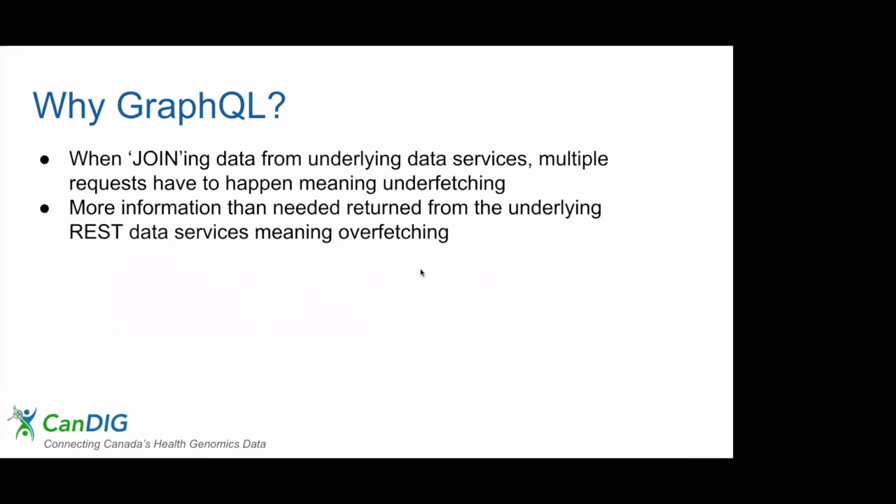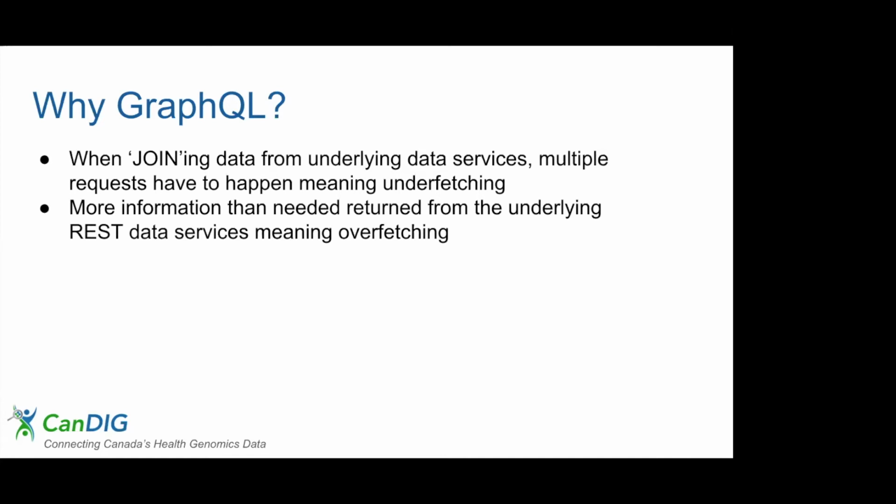So why did we choose GraphQL? Because we try to do cross-service queries, and when joining data from the underlying data services, multiple requests have to happen. That means the client usually underfetches from the data services. So that's an underfetching example.